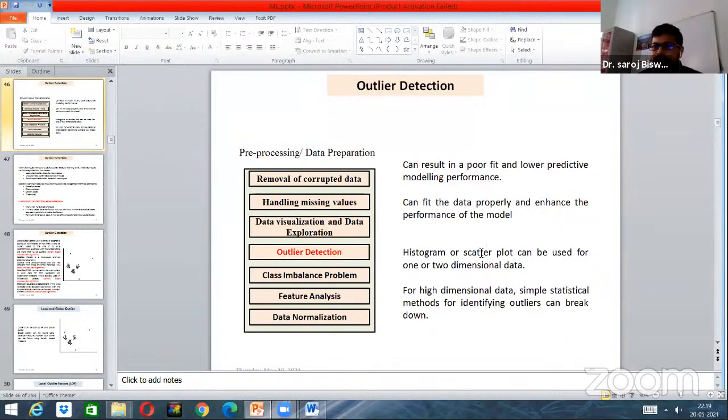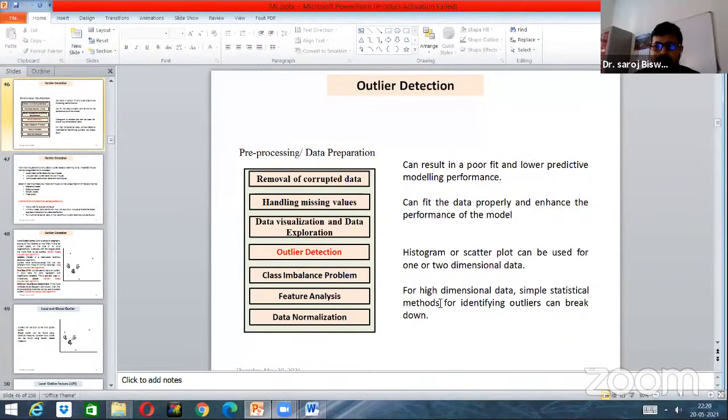Fine. Now the question is how we can find those outliers. We have seen the box plot, the histogram and the scatter plot, right? Using a histogram and scatter plot, we can find outliers in a data set where the data are represented by one or two dimensions. So if we have one or two dimensional data, we can use a histogram, scatter plot, or box plot to remove the outliers.